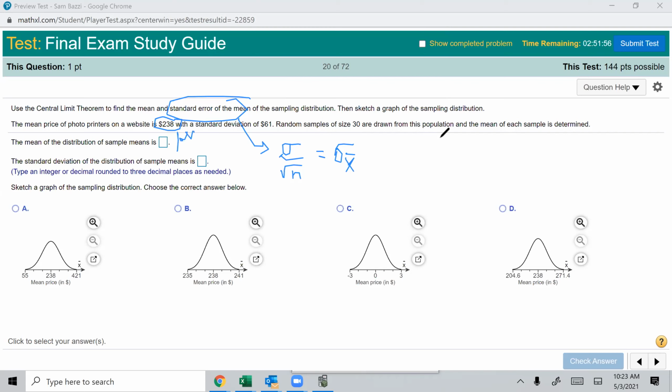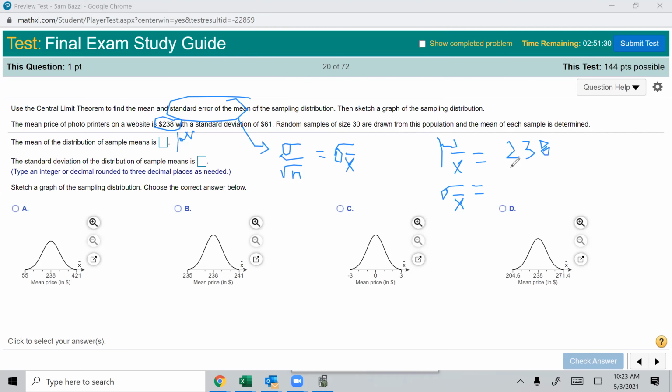So, guys, we need the mean of X bar and sigma of X bar. So mean of X bar will be 238. That doesn't change. Now sigma of X bar. With a standard deviation of 61, random samples of size 30 are drawn from this population and the mean of each sample is determined. So what would be sigma of X bar?